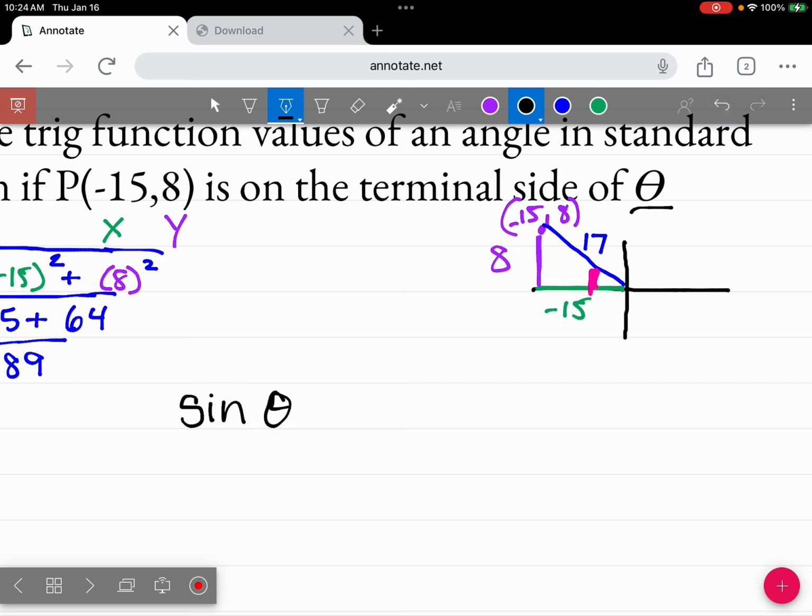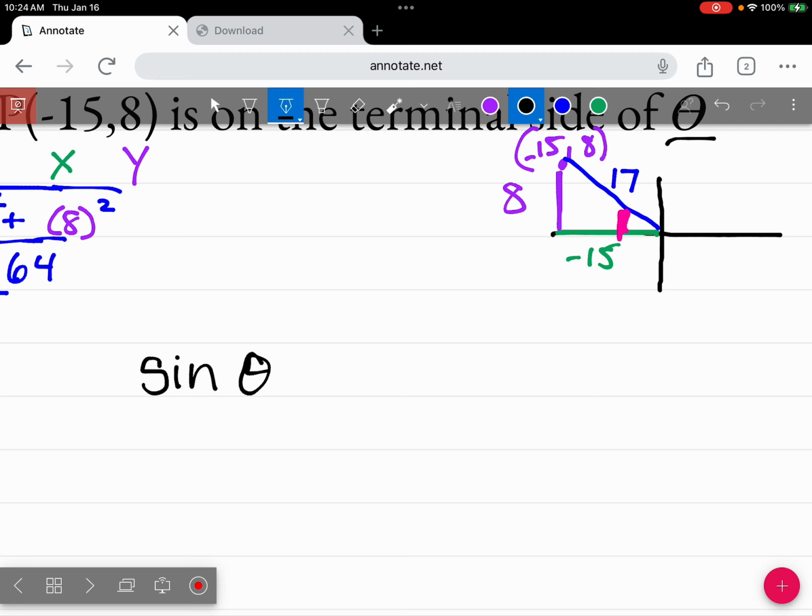You can also pick theta or x. I wouldn't recommend x because we're using x's. But you could do a variable there. We just typically use Greek letters for angles. So sine of theta is going to be what? Yeah, it's our 8 over 17. And it's our opposite over hypotenuse.